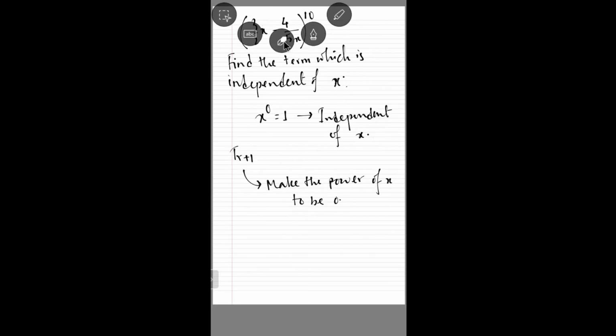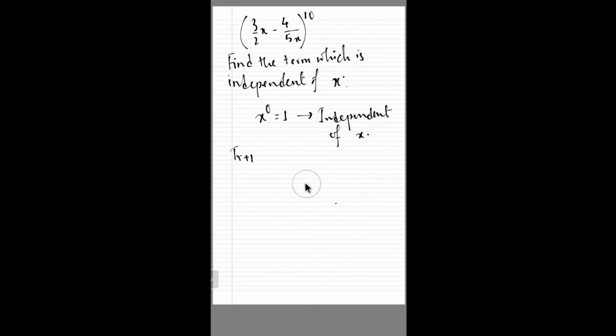So let us see. We are writing the general term here. First we write the combinatorial term, that is 10 C r, then 3 by 2x whole to the power 10 minus r, and minus 4 by 5x whole to the power r. This is the general term. Now let us simplify it.